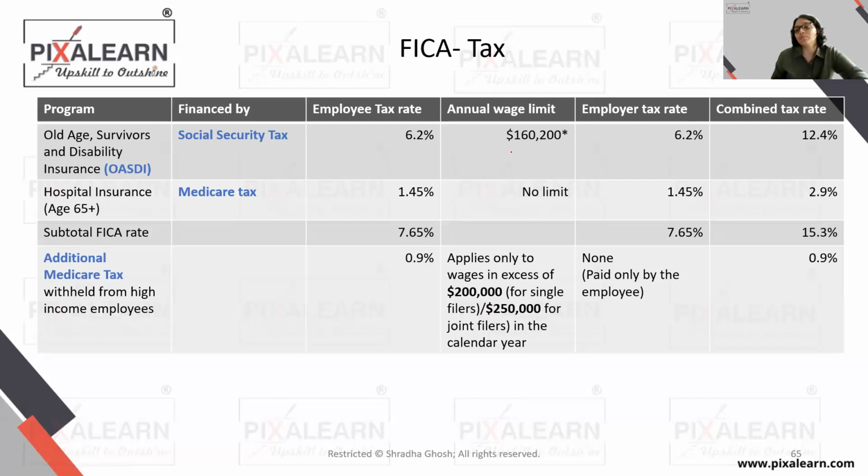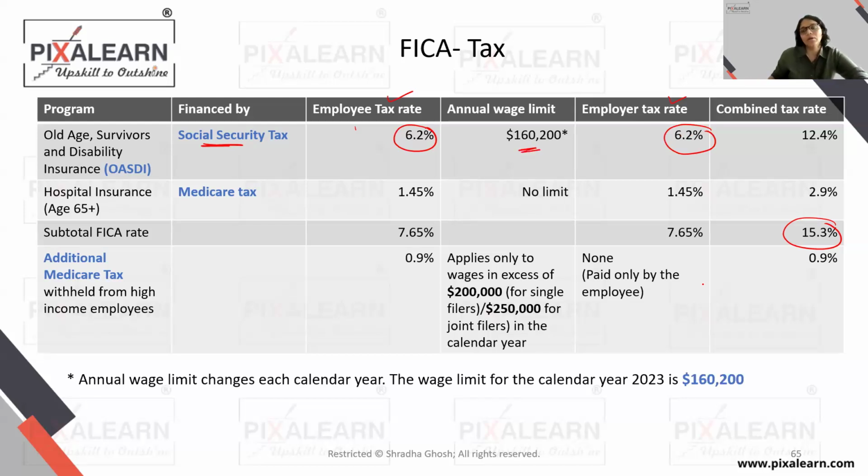So if you look at this 15.3% that I spoke about, this is generally broken into the employee's share and the employer's share. There are two parts. One is the social security tax, which is generally old age, survivors, and disability insurance. The employer pays 6.2%, and the employee also puts in 6.2%. But here you need to remember that there is a cap.